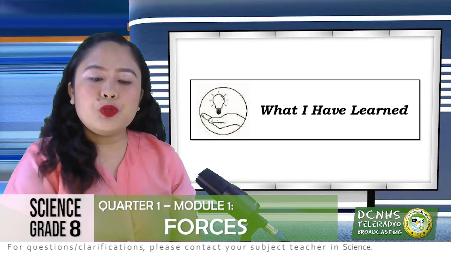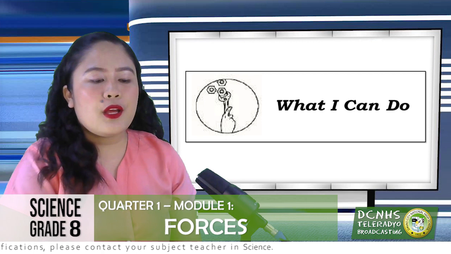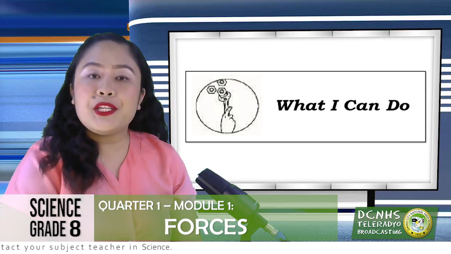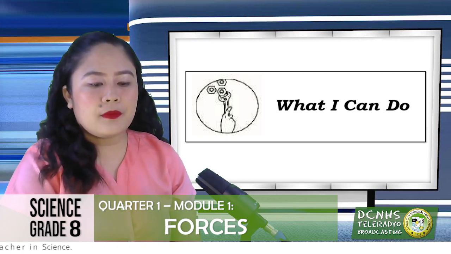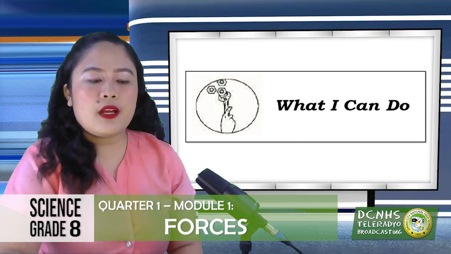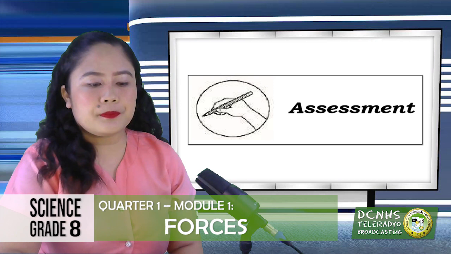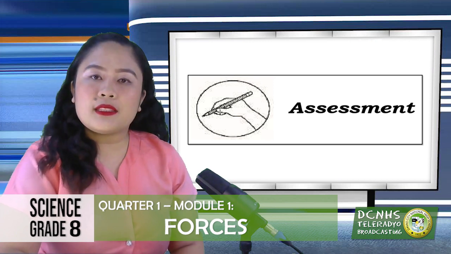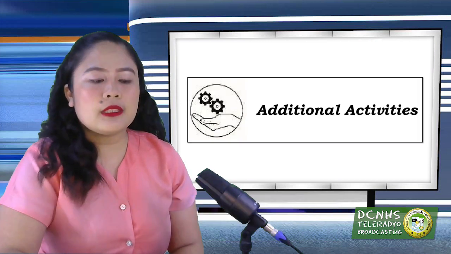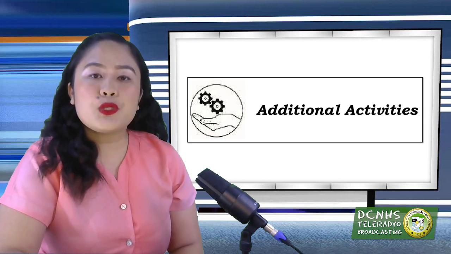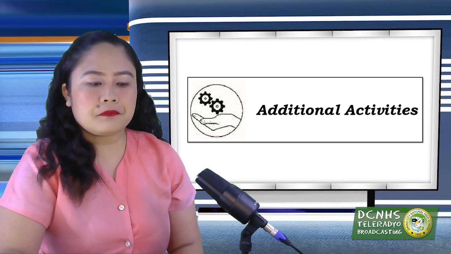In the What I Can Do part, there are 3 problems you need to answer. In the Assessment part, there are 10 questions you need to answer. In the Additional Activities part of your module, you need to answer 2 problems.